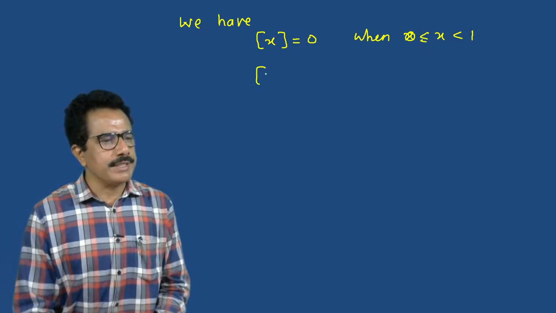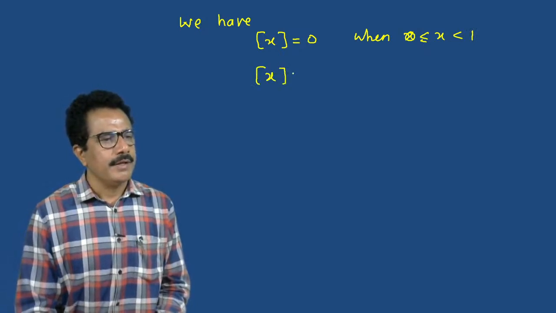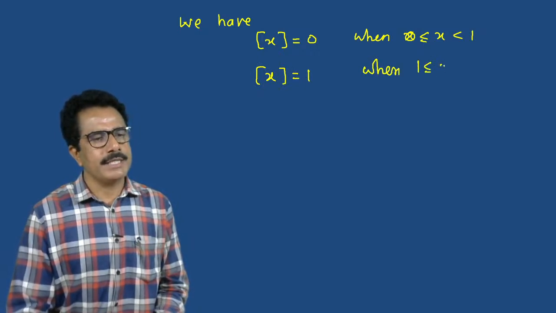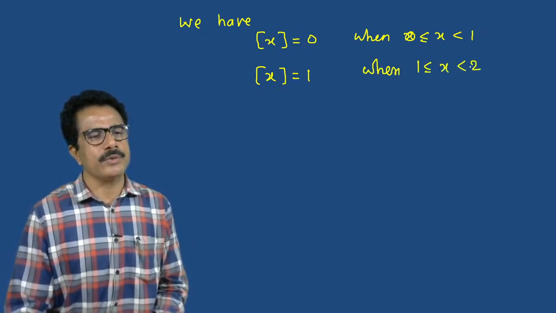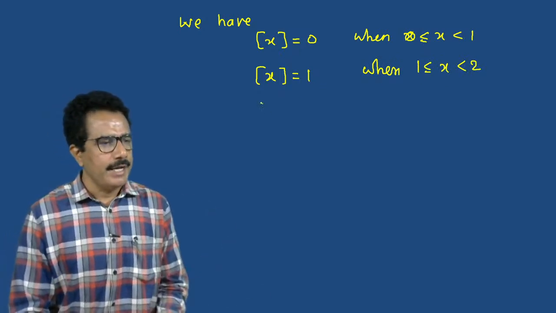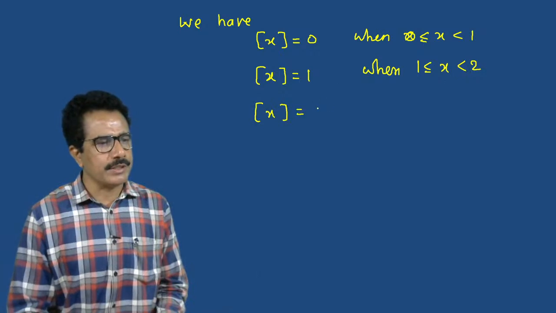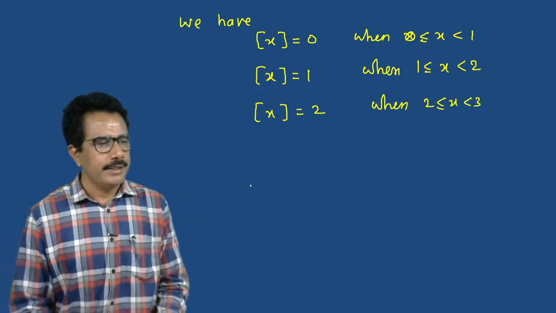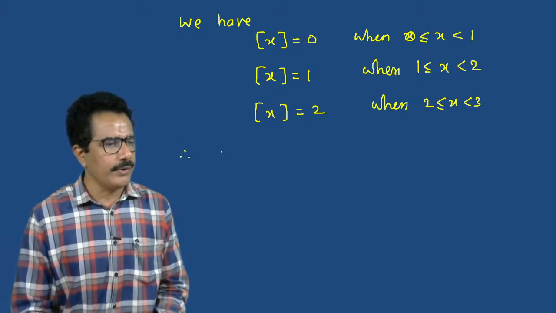Then box x is equal to 1 when 1 is less than or equal to x is less than 2. The value of everything between 1 and 2 is 1. And box x is equal to 2 when 2 is less than or equal to x is less than 3. So put this value.